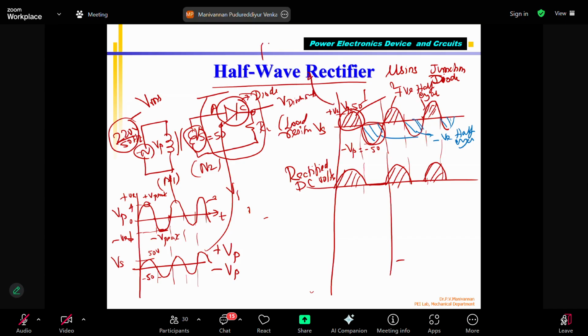If the positive and negative cycles are the same shape, it is called a periodic signal. Correct? It is going to repeat: one cycle, again positive, negative. Second cycle, positive, negative. Third cycle. Like that, within one second, at 50 hertz, the cycle will repeat 50 times. That's why it is called a periodic wave. Cyclic wave, these are different names used.